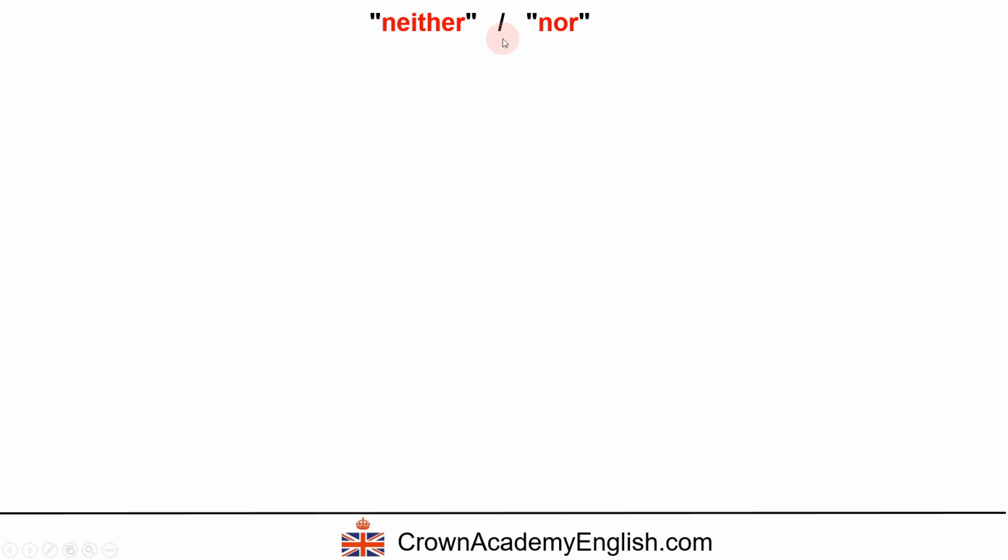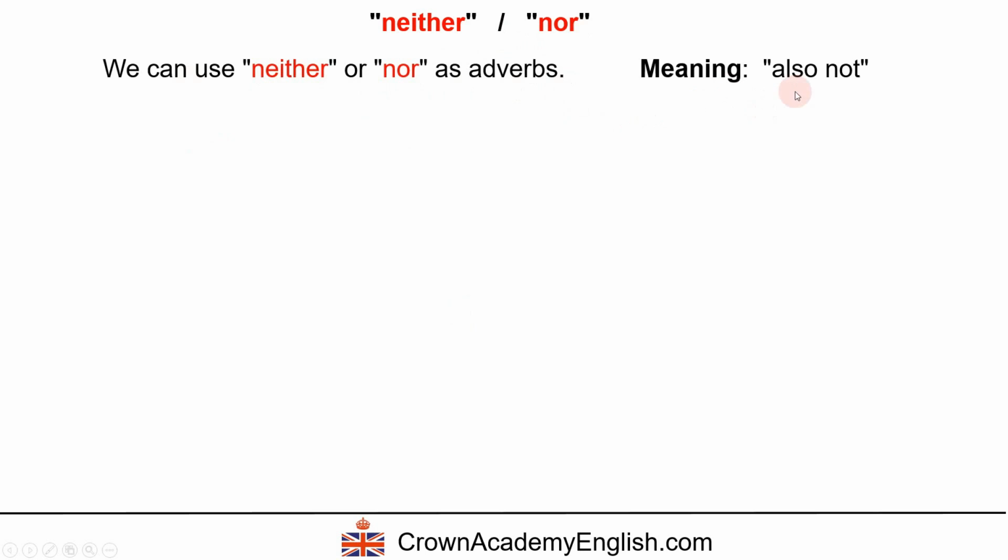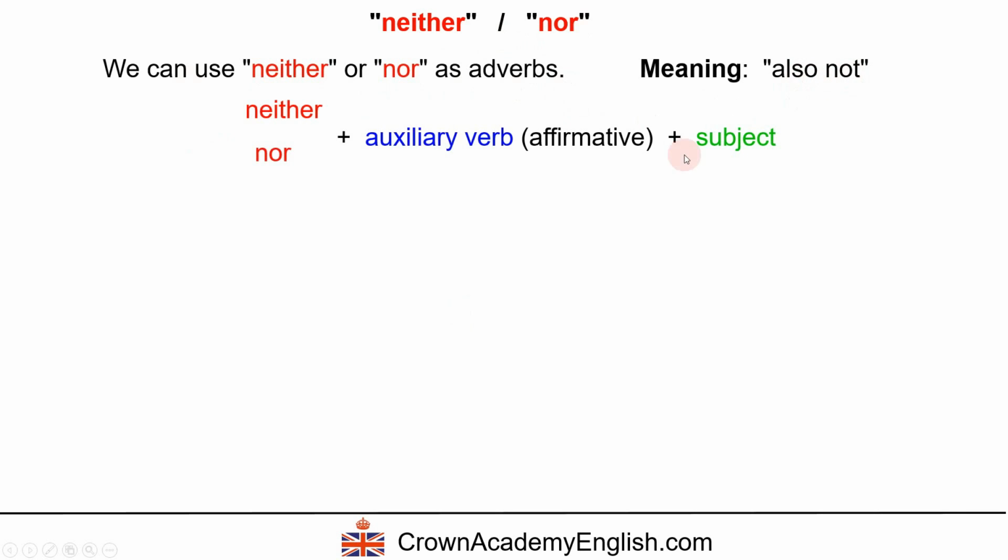Neither or the word nor. We can use neither or nor as adverbs. And the meaning is also not. So we are sort of agreeing with a negative. So this is the form, neither or nor, and we'll see both examples.